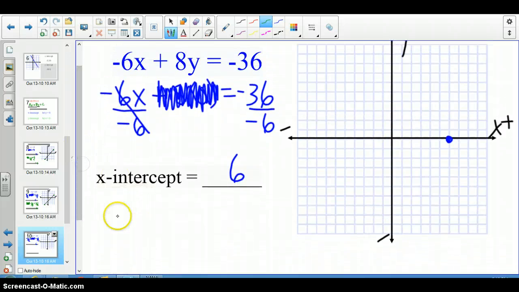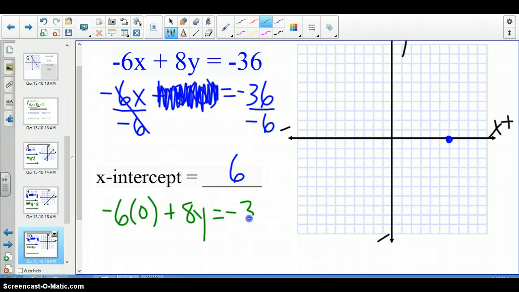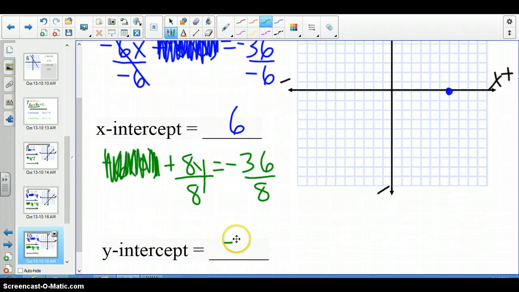Now my y-intercept, I'm plugging 0 in for x. So negative 6 times 0 is 0, so this is gone. How do I get the y all by itself? I divide each side by 8. So when I do that, I get negative 4.5.